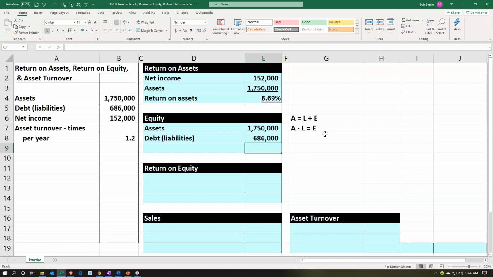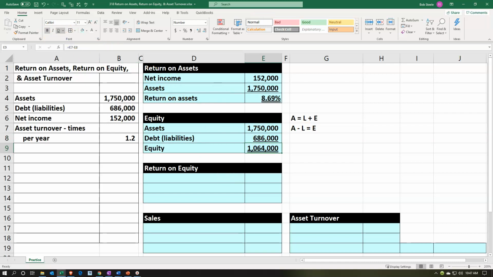So we don't have this problem where we're comparing something from one time period to another time period, like an income statement range to the balance sheet. So of course we're not working with averages at this point in time. So I'm going to be subtracting these out. Assets minus the liabilities or debt, that's going to be our equity. So that's going to be our equity. Going to underline and double underline here.